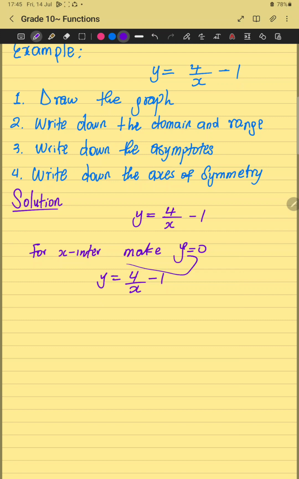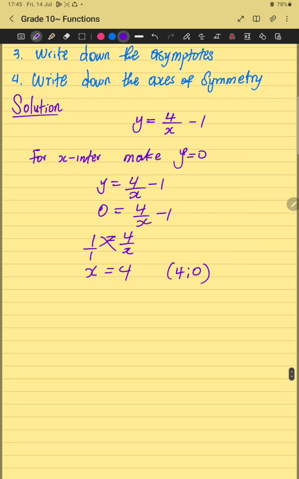So 0 equals 4 over x minus 1, and then we just transpose the 1, so it becomes positive 1 equals 4 over x. This is over 1, then we cross multiply: x times 1 is just x, and that must be 4. Therefore x is 4 when y is 0. That is the first point.